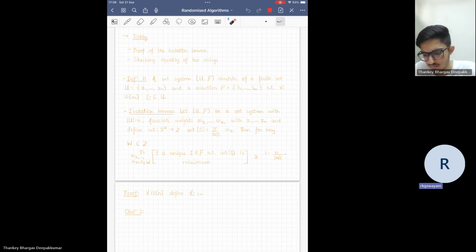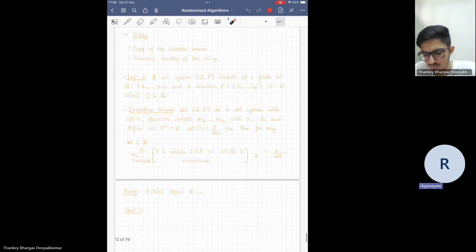Then the probability of not having a unique set would be less than or equal to small n divided by capital N. Yes, yes. But in that lemma, usually there were no terms like U and F.